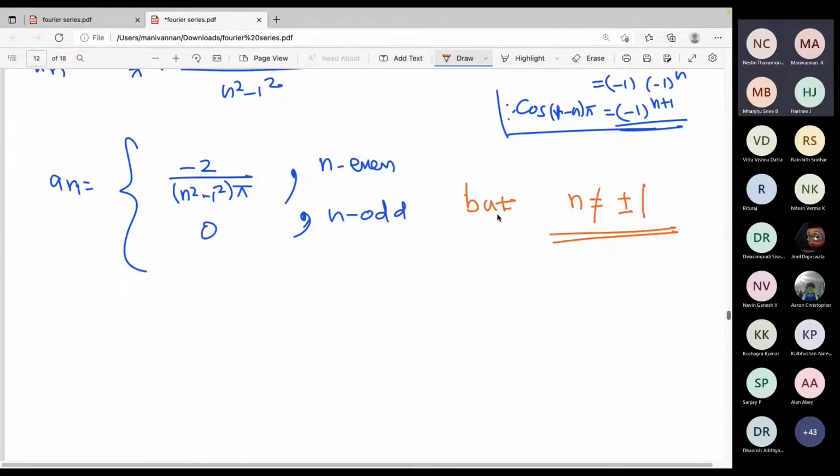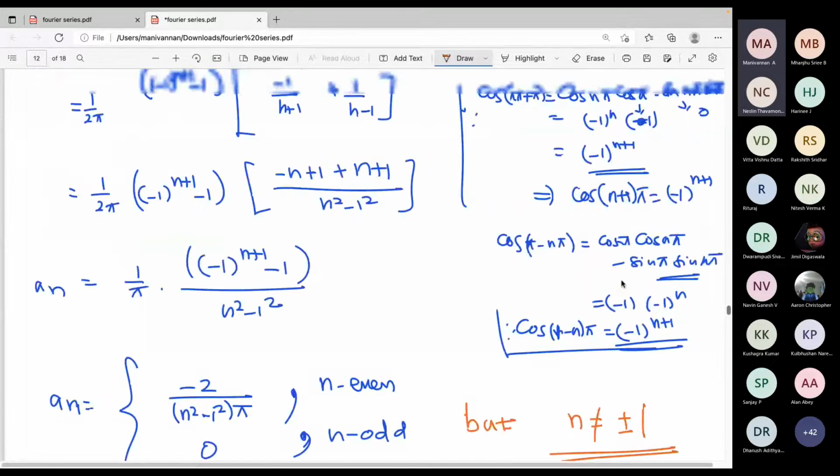Yes, sir. So an will not be defined for n equals to plus or minus 1, sir. What? An will not be defined for n equal to plus or minus 1, right? Not defined. Okay, see here why it happened. This is actually the plus or minus 1 case.